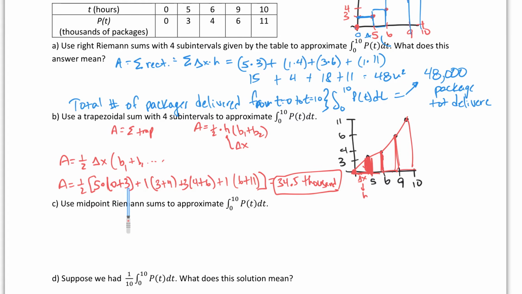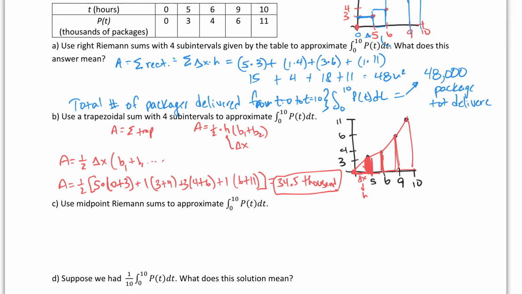Well, look at this height getting multiplied. This is f of 5, which is 3. On this one, it's getting multiplied by 5, but on this one, it's getting multiplied by 1. So you can't say 2 times just that value, because it's not evenly spaced. So you're going to get something completely different.